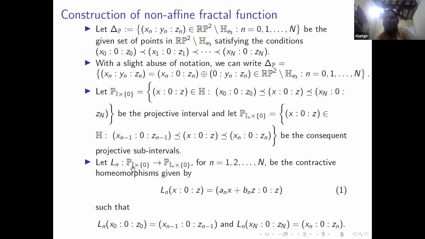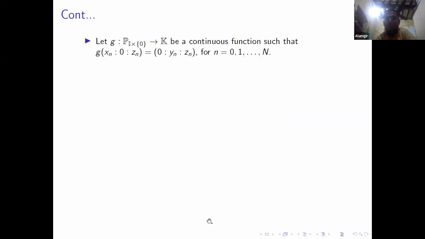And here we define Ln from the projective interval to the sub-interval as contractive homeomorphisms, given like this, where Ln satisfies the join-up condition. Let g be any continuous function that interpolates the data points.